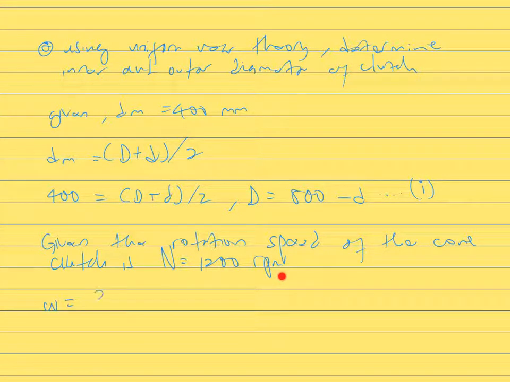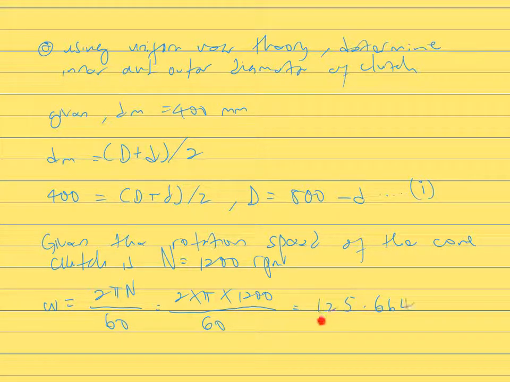So for angular speed, which is 2 pi N over 60, we put the value of the rotational speed, which is 2 times pi times 1200 divided by 60. So we get the angular speed is 125.664 radian per second.